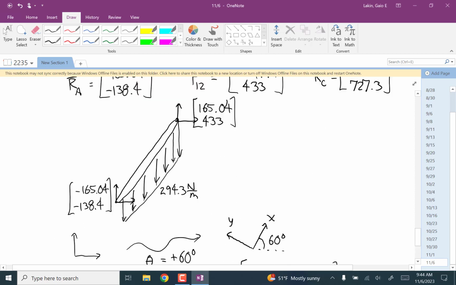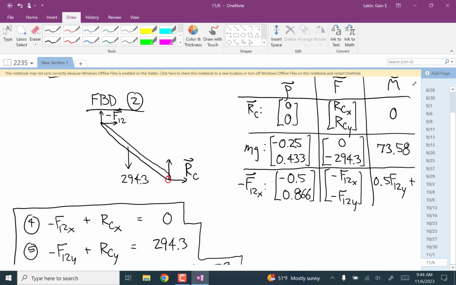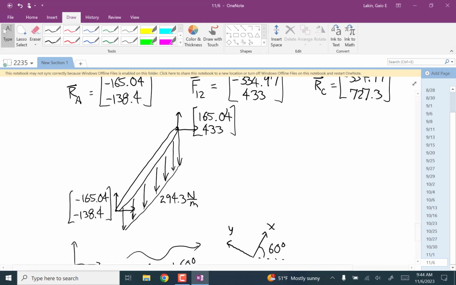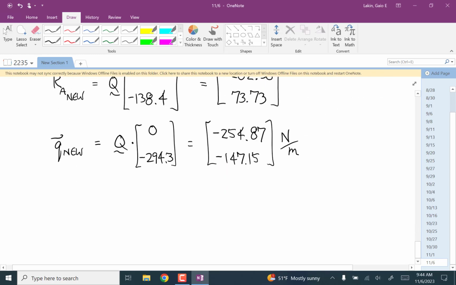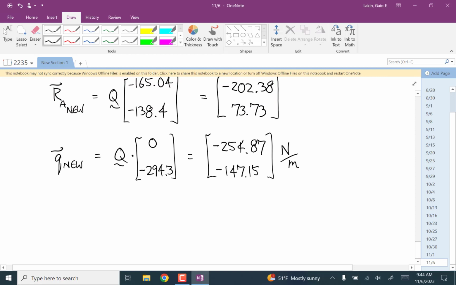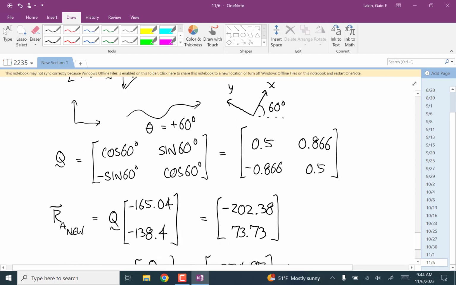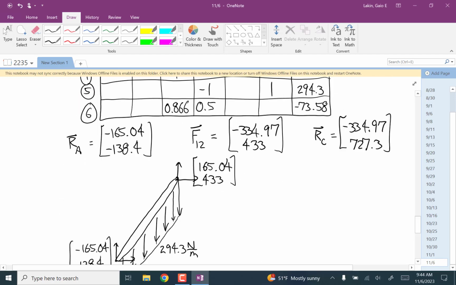And then the last one. If we're doing internal loads, these actually aren't going to come up in our internal loads calculations because they're going to be at the far right end. Our cuts are never going to get there, but might as well do it. So the right force is Q times, where is that?